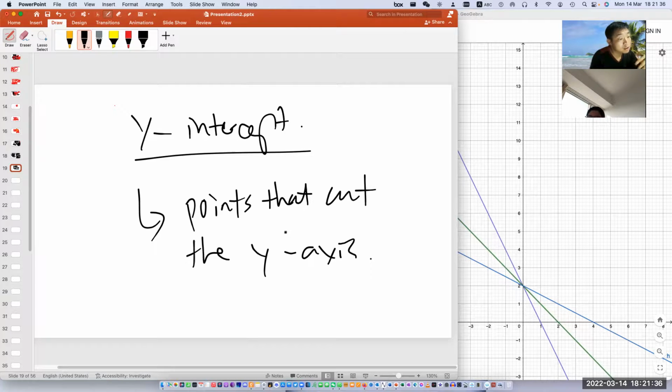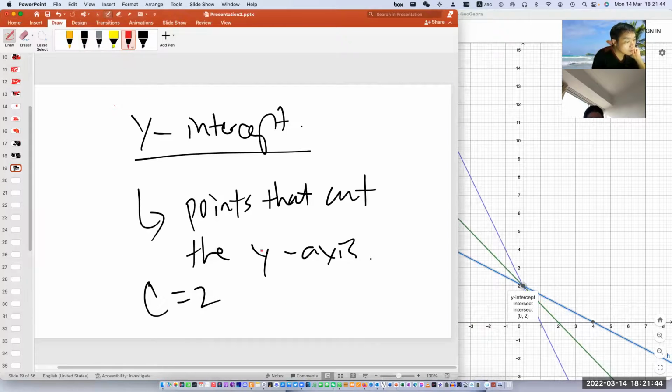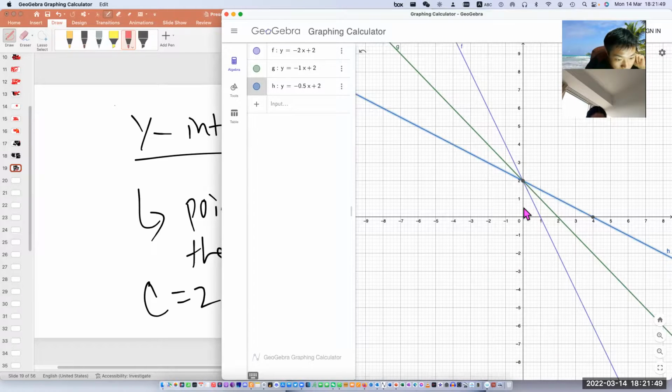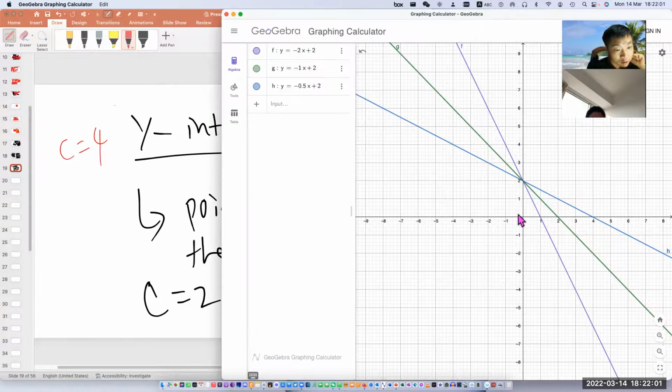So basically, you give me y-intercept equals 2. I'm supposed to see it cut the 2 here. If you give me c equals 1, I'm supposed to cut it here. This point, y equals 1. Okay. If you give me c equals 4, then I'm supposed to cut the y-axis at 4, which is here.